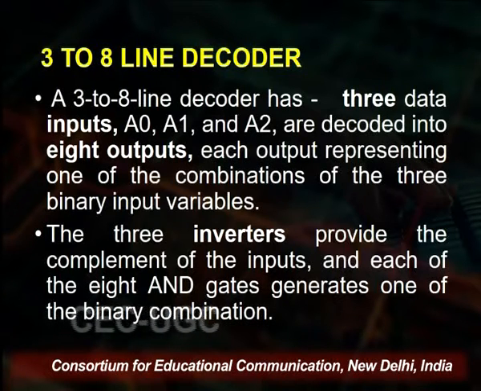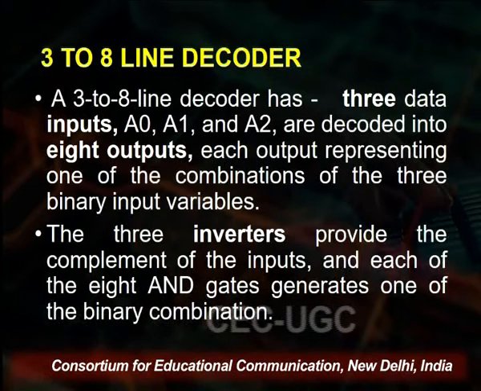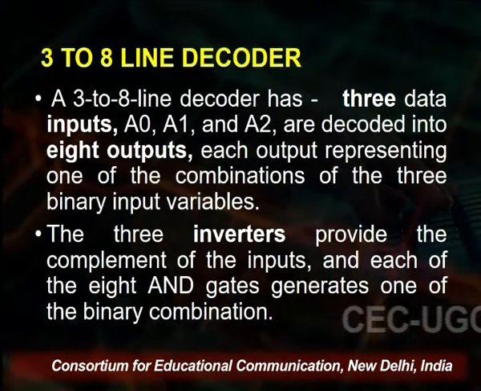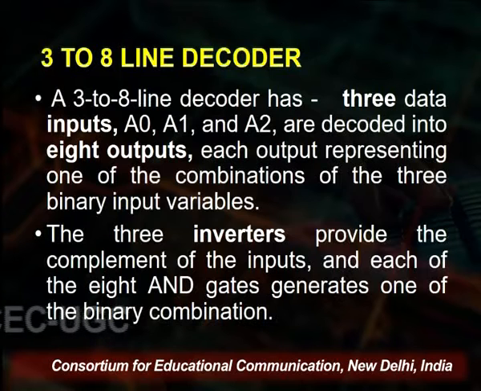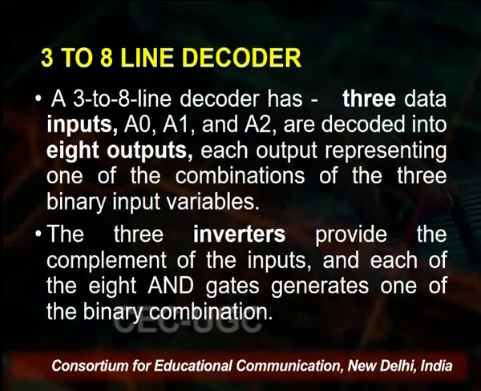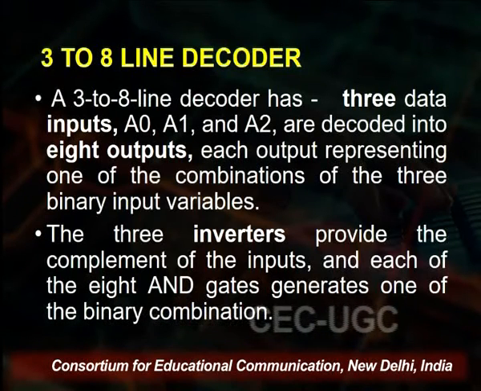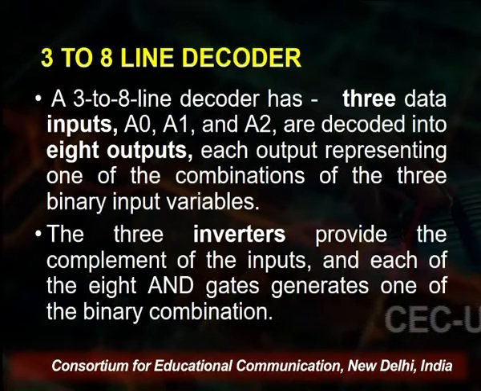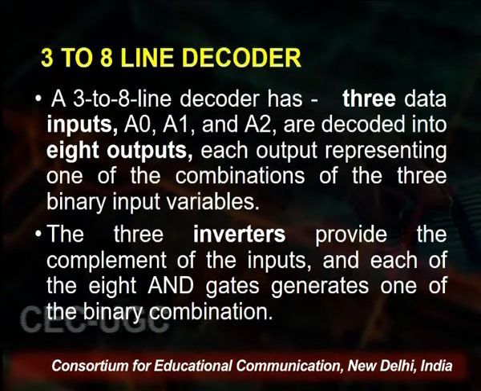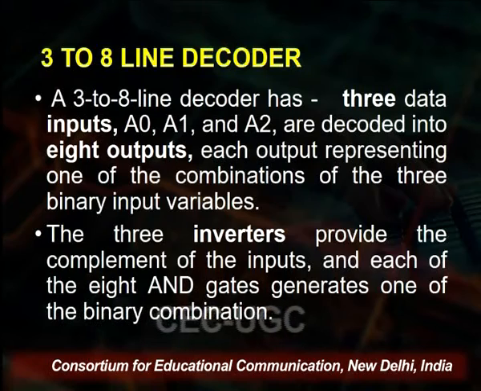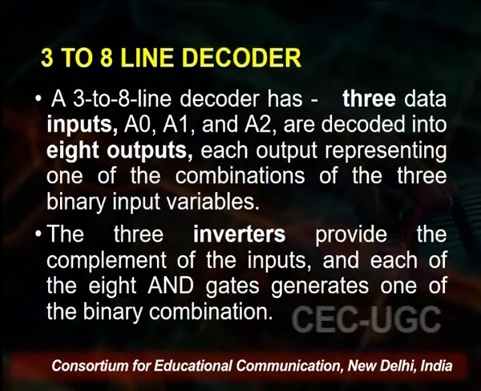So a 3 to 8 line decoder will have 3 data inputs, A0, A1 and A2 in this example, and these are decoded into 8 outputs, each output representing one of the combinations of the 3 binary input variables. The 3 inverters provide the complement of the input, and each of the 8 AND gates generates one of the binary combinations.